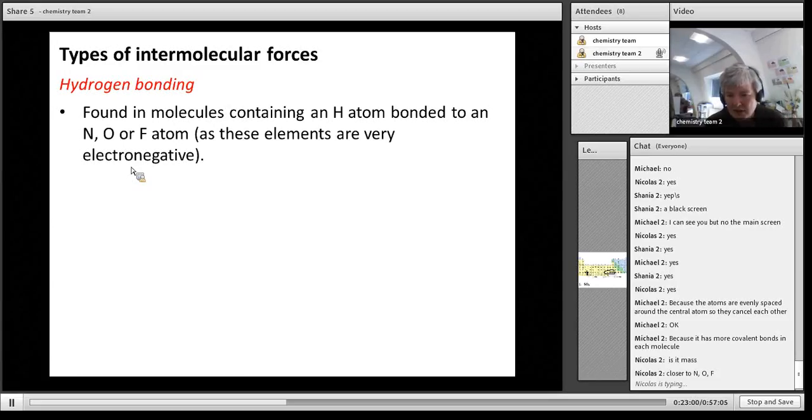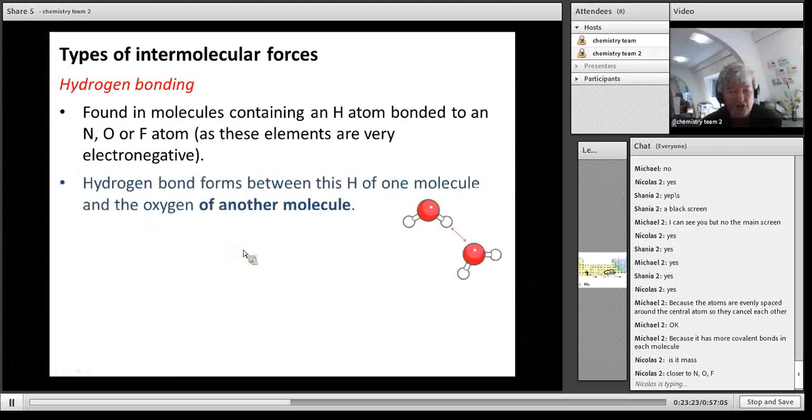A proton is positively charged, and if it's not shielded by any other electrons, you've got this really very positive charge that is now going to be attracted to anything that's negative around it. So that's why we have hydrogen bonds that are pretty strong.